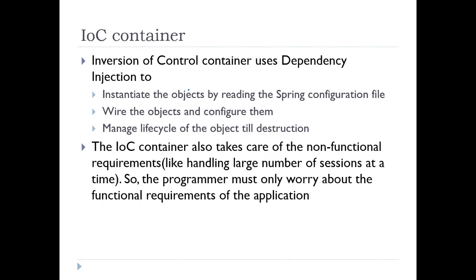So the programmer need not worry about creation of the objects or creation of the collections and which reference to set where. Also, because the objects are modular, they are written inside the Spring configuration. We can modify the Spring configuration file if we want any changes in our objects or the dependencies.